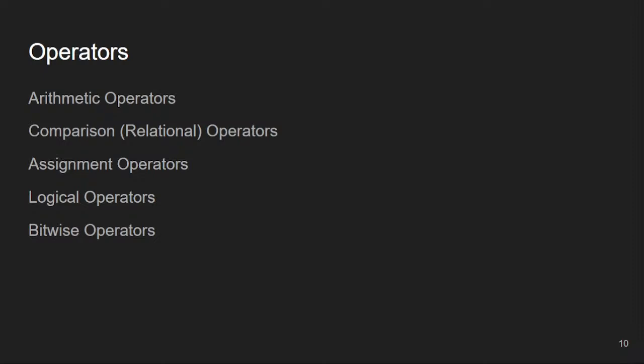We have arithmetic operators, comparison operators. We use them to compare the relationship between 2 different entities. Okay, we have assignment operators as well. We have logical operators. They can also be used in conditional statements, as you will see later. And then we have bitwise operators.